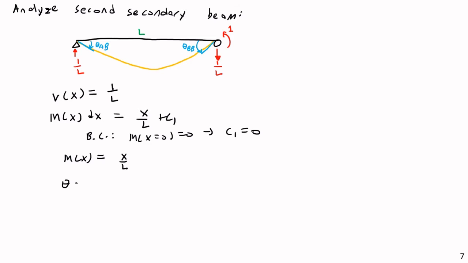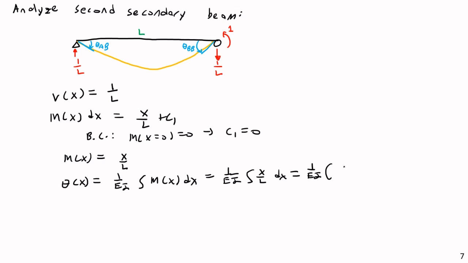Then I can get theta as a function of x. That is, of course, 1 over EI times the integral of M of x dx, which is equal to 1 over EI times the integral of x over L dx, and that integral then comes to 1 over EI times x squared over 2L plus c2.